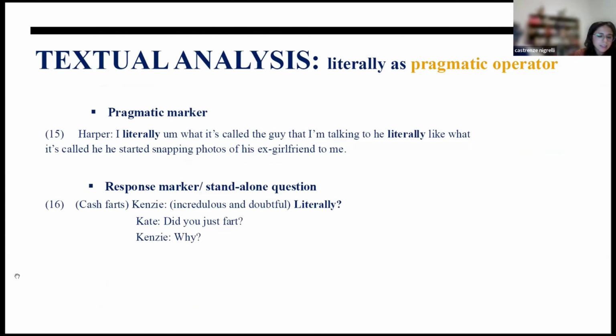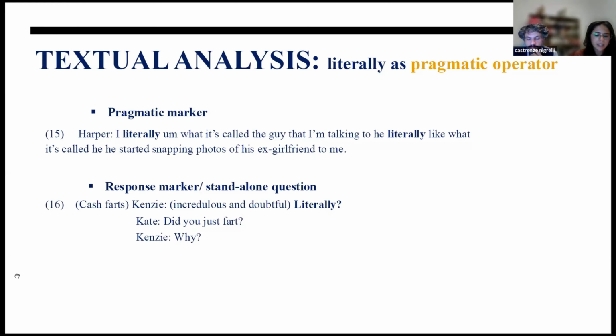of what they say. They can use literally to secure the conversational turn and maintain expressivity while brainstorming their thoughts, as in example 15, where literally seems to be a mere filler word. In our dataset, literally also occurs as a standalone item, either as a standalone response, signaling affirmative behavior and agreement, or as a standalone question, as in example 16.